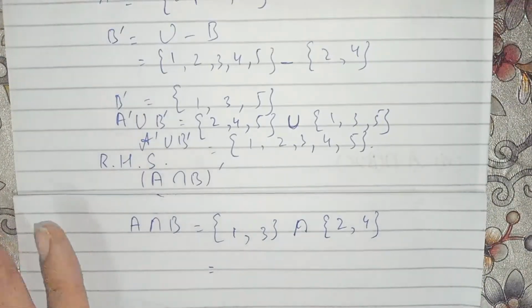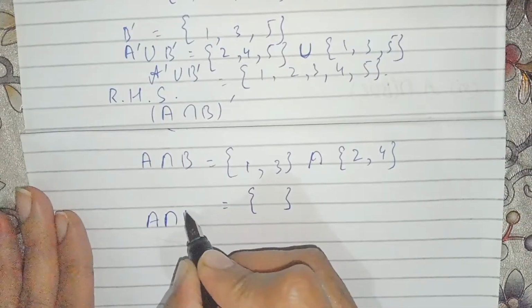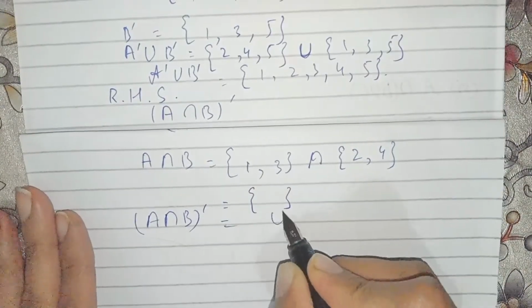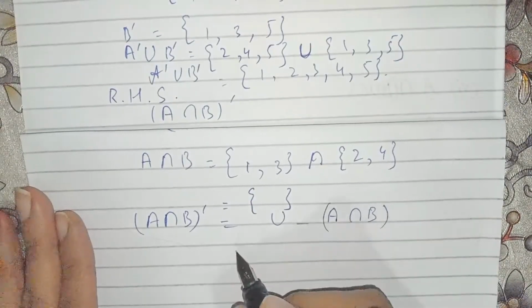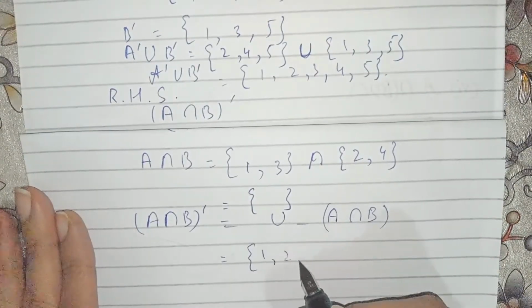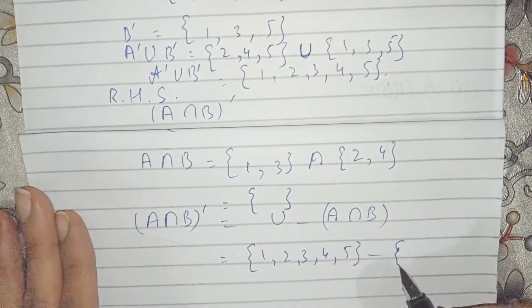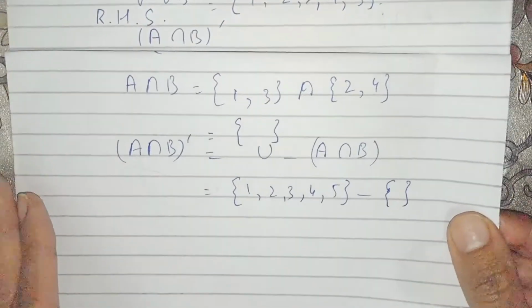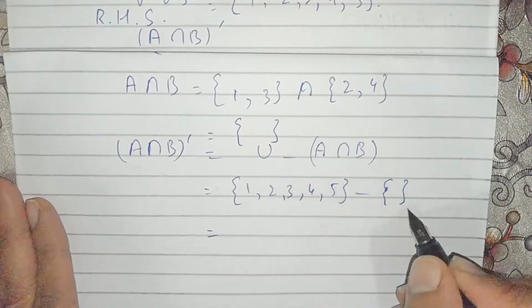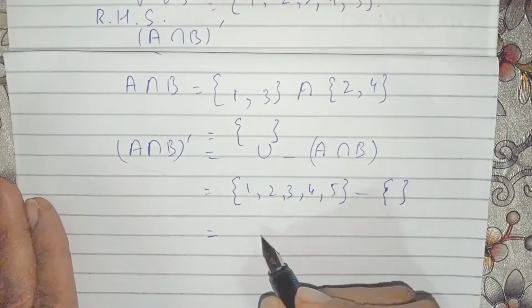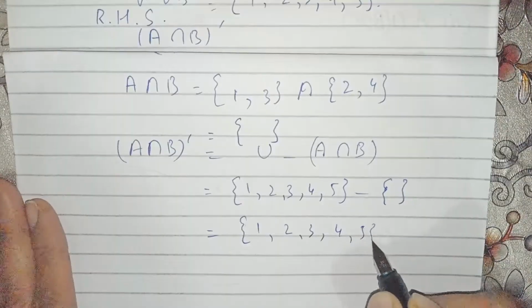Now the complement of it, A intersection B complement is U minus A intersection B. U is 1 to 5, and A intersection B is an empty set. We have to write all the values because no values are present in this set. It is empty set and we get 1, 2, 3, 4 and 5.